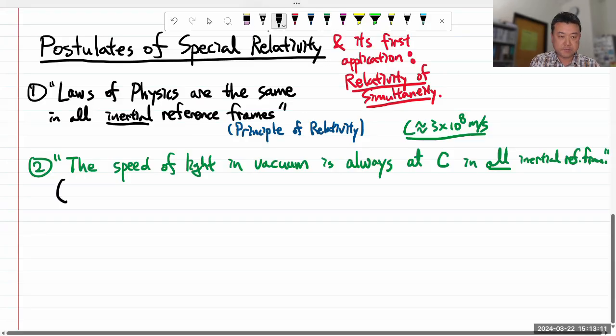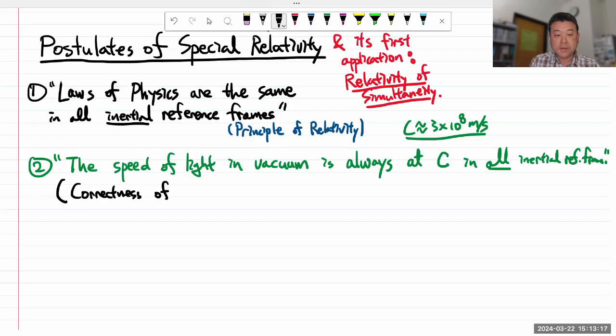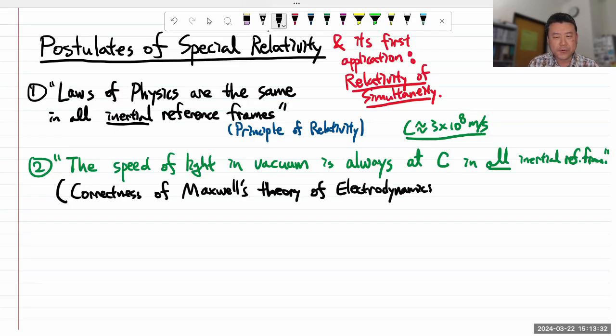I like to call this the correctness of Maxwell's theory of electrodynamics. Well, I guess that's kind of long. The reason I call it this way is because if you assume that what you learned about electromagnetism in physics 4B is correct, which, why wouldn't you assume that, then it follows from the first postulate that the laws of physics, which contain Maxwell's theory of electrodynamics, say light travels at c. This is actually something you can derive.